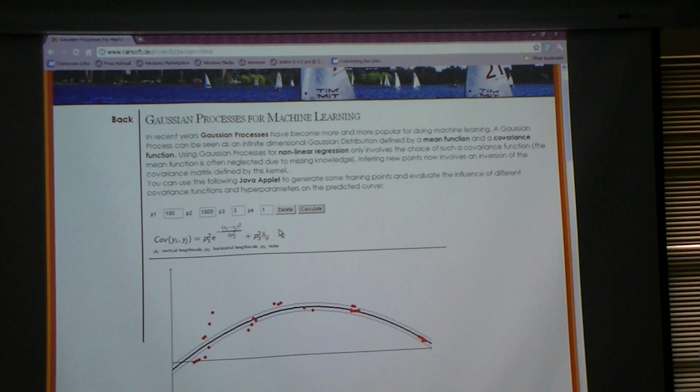Yeah, that's all I can think of. Any questions? This example is more like 1D. You can have high dimensions as well, just like you can have a high dimensional Gaussian distribution. So it's the same thing.